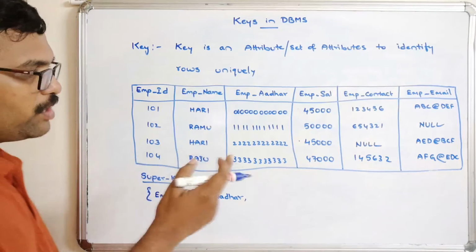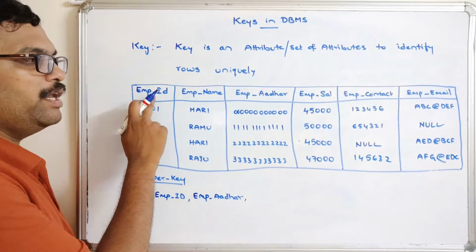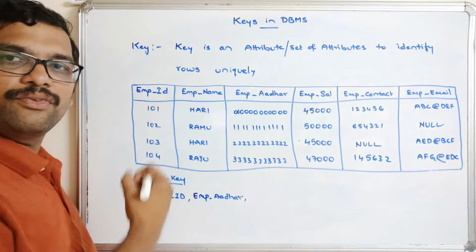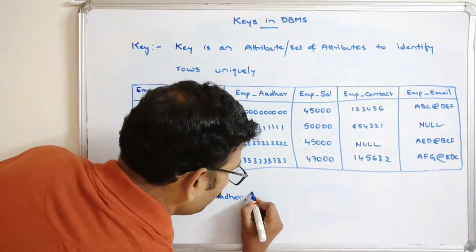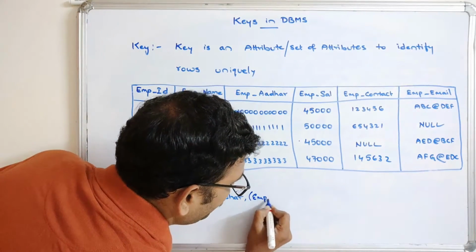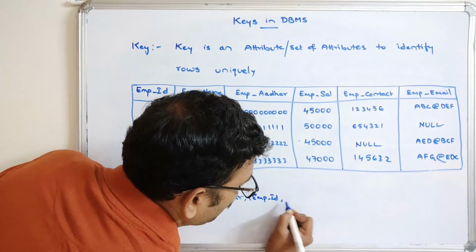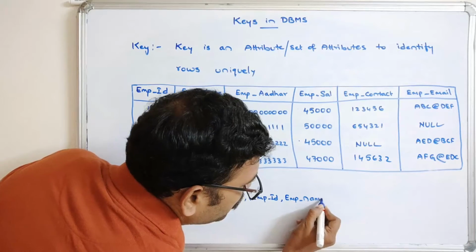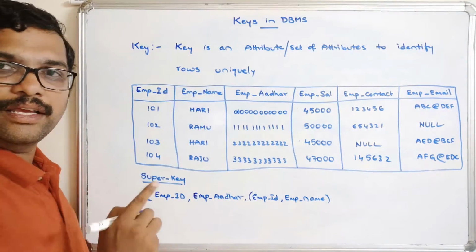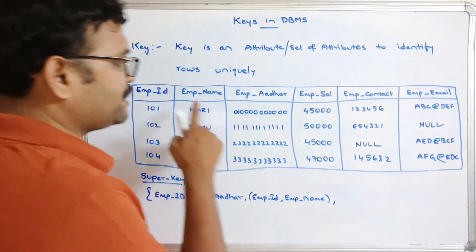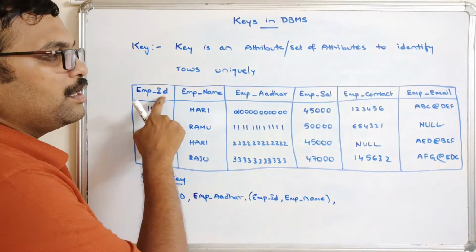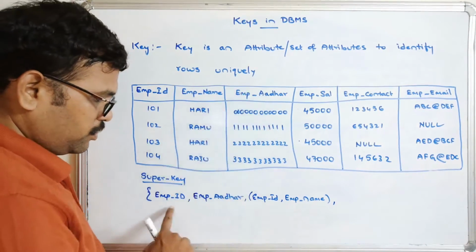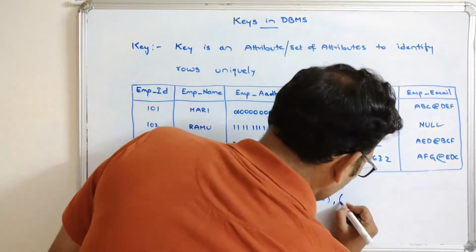Now we can give combinations along with the employee ID. We can have the employee name. Based upon these two, we can retrieve the data. So the third one, employee ID and employee name. This is one category, one key, a set of attributes. Next, employee ID with another attribute. You can give the combination also.